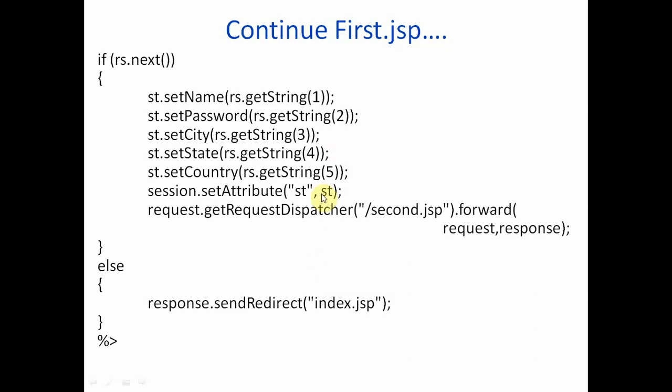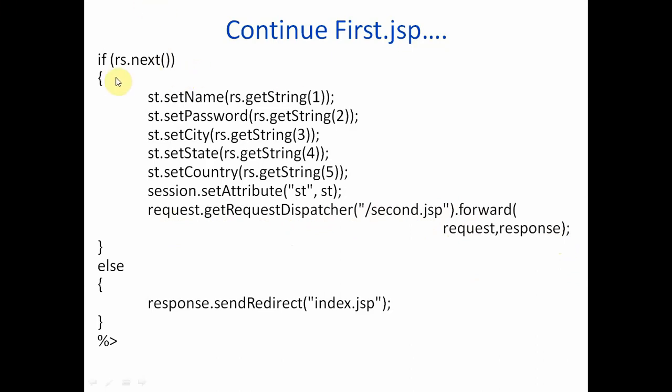Here st, the BeanExample class object, is the session attribute, and its name is st. We will dispatch the request to second.jsp by writing request.getRequestDispatcher second.jsp, and we forward the request and response objects, which are implicit JSP objects, to second.jsp.